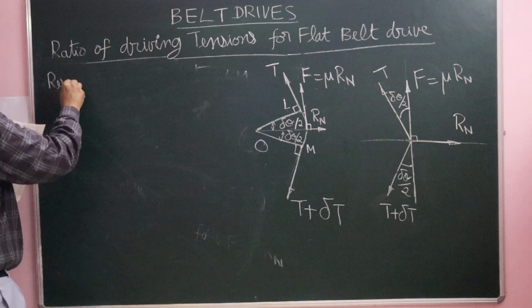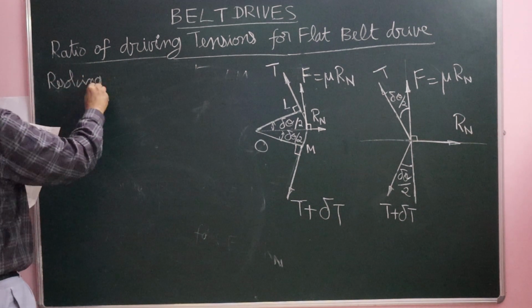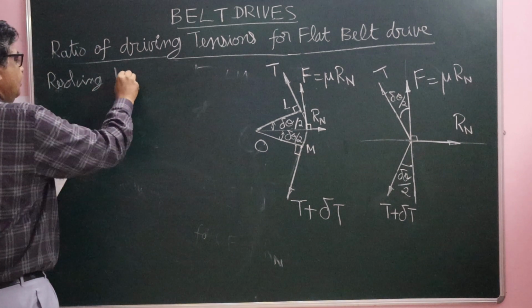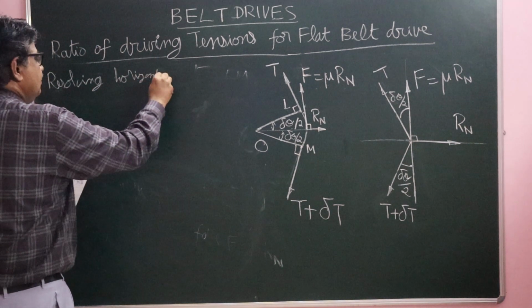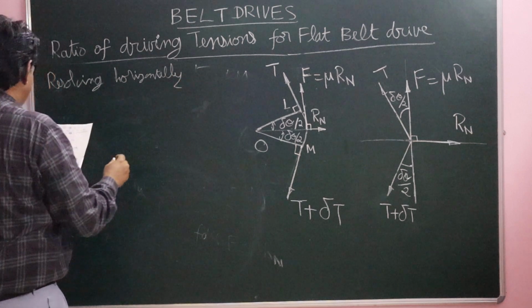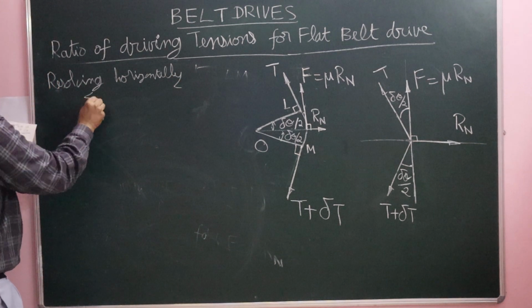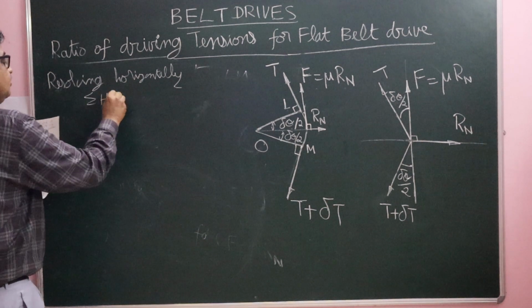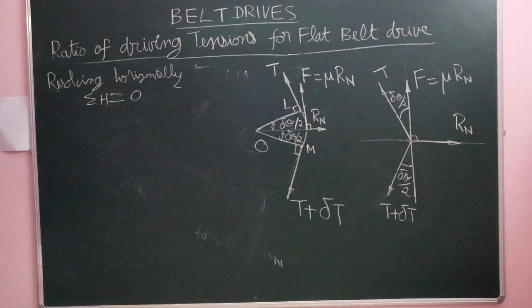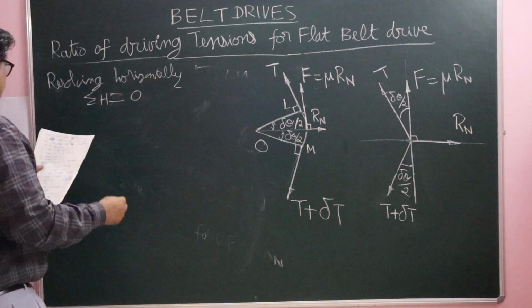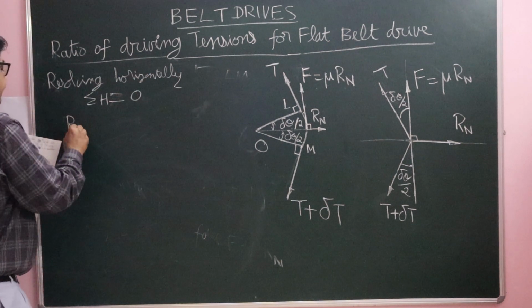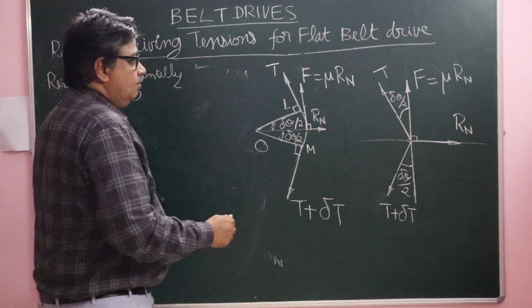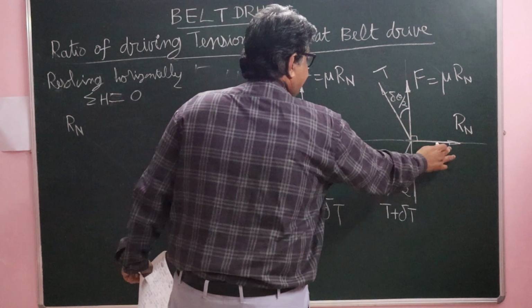Resolving the forces horizontally, sigma H is equal to 0, because the sum of the horizontal forces is 0 under equilibrium. The horizontal component here is Rn.